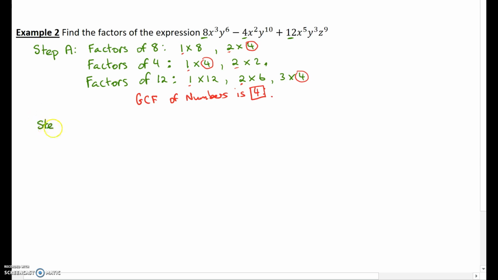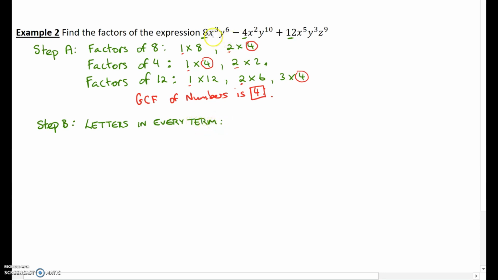Okay, so step B was to write down the variables, in other words the letters that appear in every term. So the letters in every term, in other words they have to appear in all 3 terms.